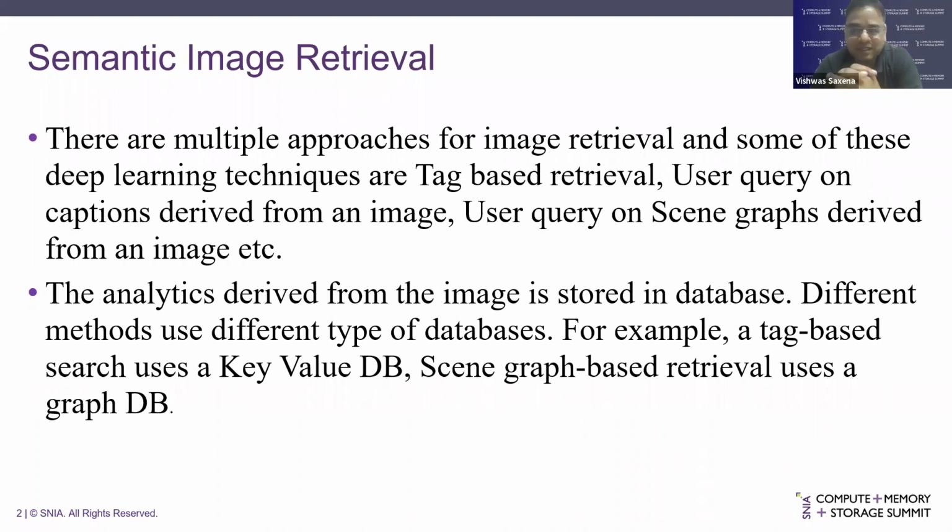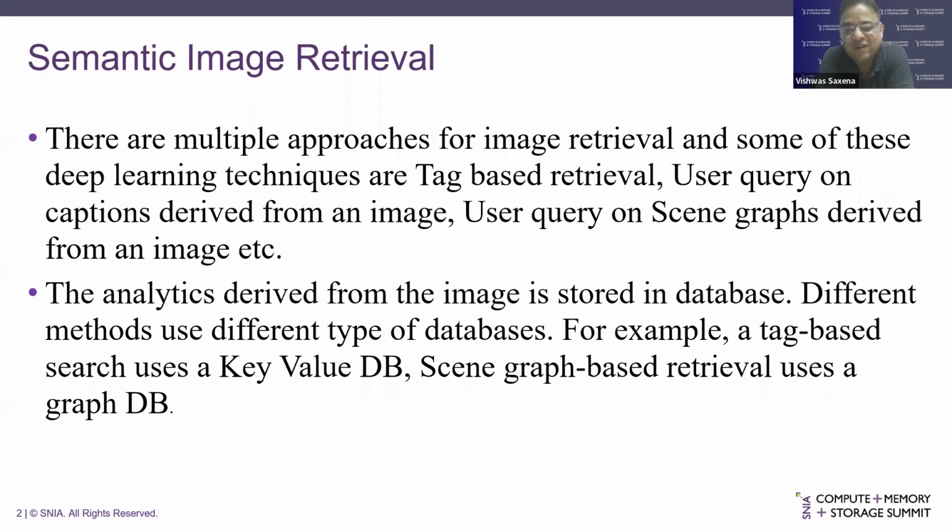So there is a scene graph based method which will generate scene graphs out of images, and the user can query these scene graphs, or there is a tag based method where some tags from deep learning objects are extracted and are stored. So the analytics derived from the image is stored in a database.